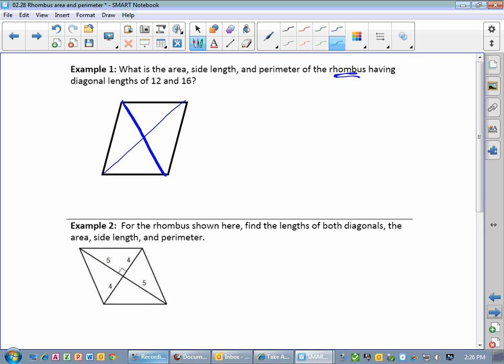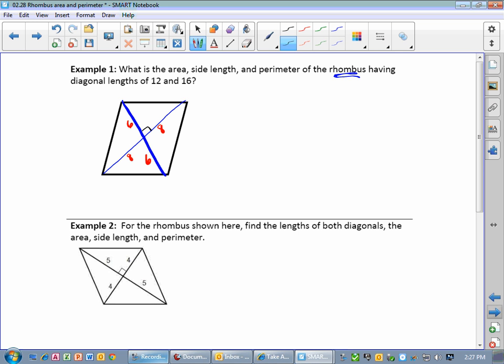But the diagonals bisect each other. So how long is this part right here? Okay, so this is 6, and this is 6. And what about the other two? 8. Okay. Now the other part about rhombi and their diagonals is they intersect. The diagonals are perpendicular, which means what? They intersect into right angles.